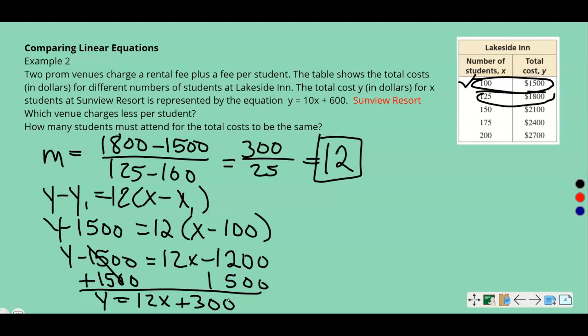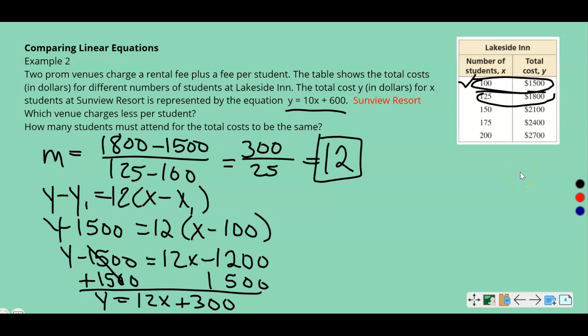All right, so that is an equation for Lakeside Inn using the table. And we have an equation for Sunview Resort, which is already given to us. And it says which venue charges less per student. So what we can do is set the two equations equal and see what x comes out to be.